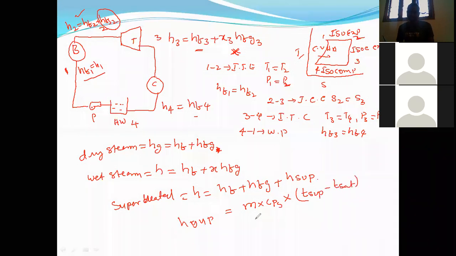This is the formula for H superheat. Why? When we do the superheating, we do it after the saturation temperature only, so the temperature difference between the saturation point and the superheating point is reflected here.